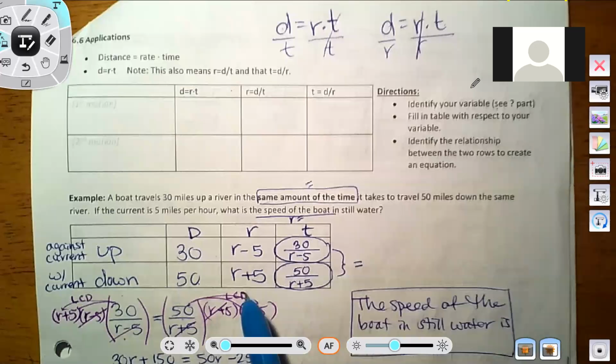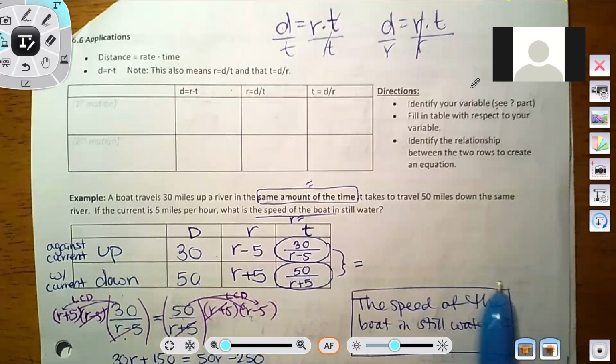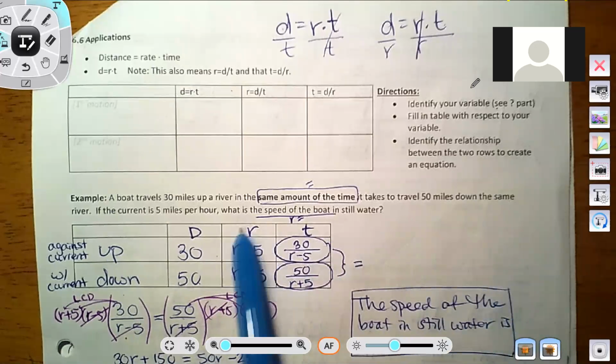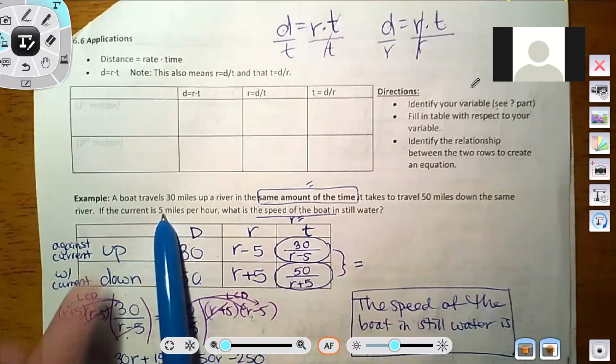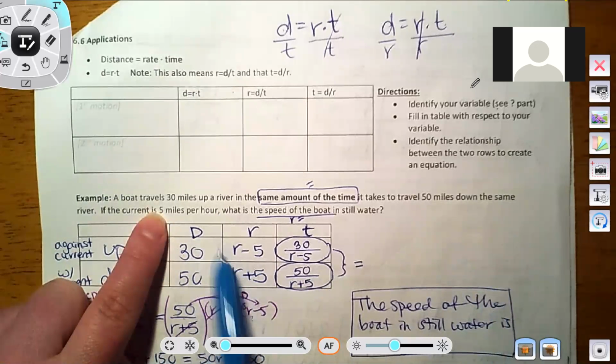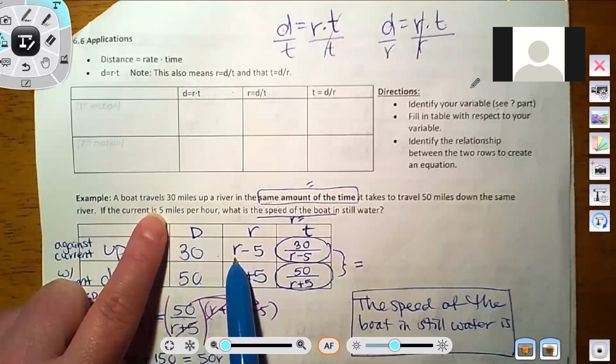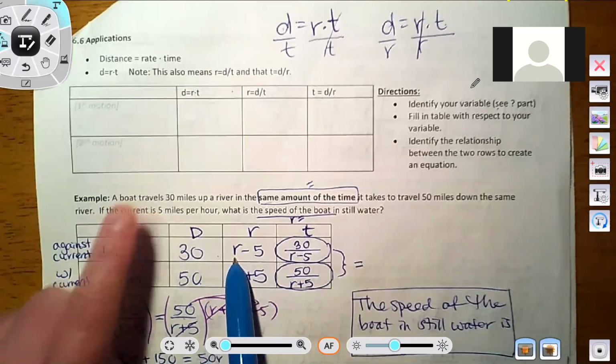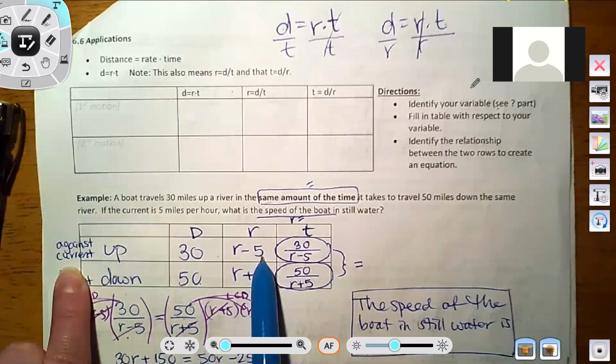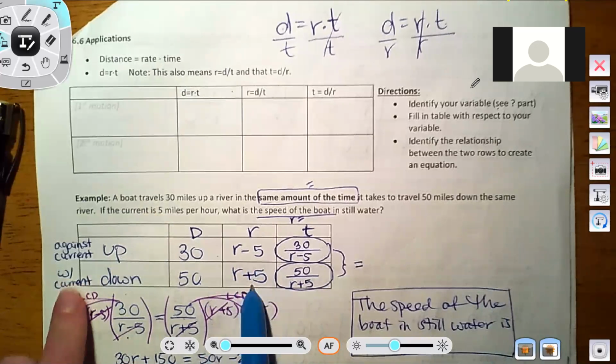It's working with you. So that's why the speed of the current affects the speed that you're going to be able to go. So here's your rate in still water, but because it's not still water, if you're going against, you're subtracting that current, and if you're going with the current, you're adding that current speed.